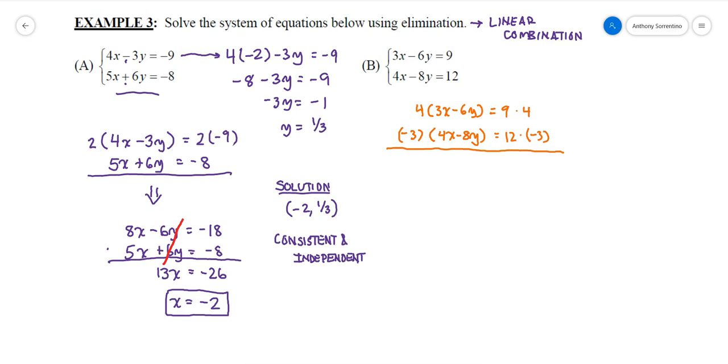When I carry through the stuff on the top, because I want to simplify my system before I start trying to solve it, I have 12x minus 24y equaling 36. On the bottom I have negative 12x plus 24y equaling a negative 36.